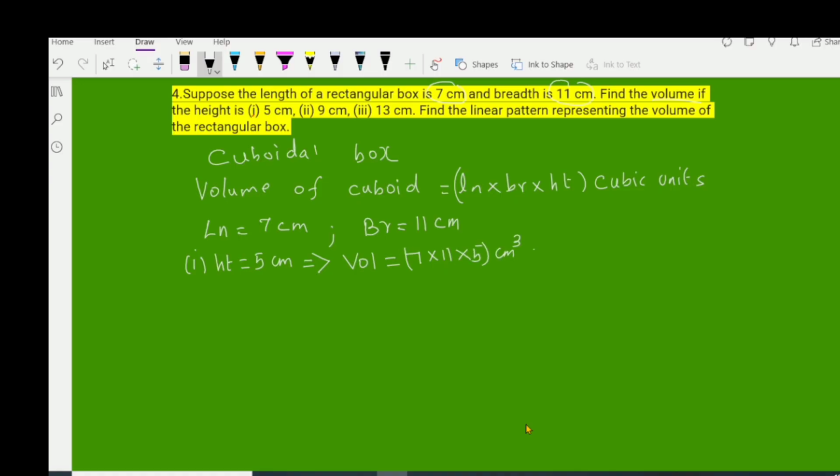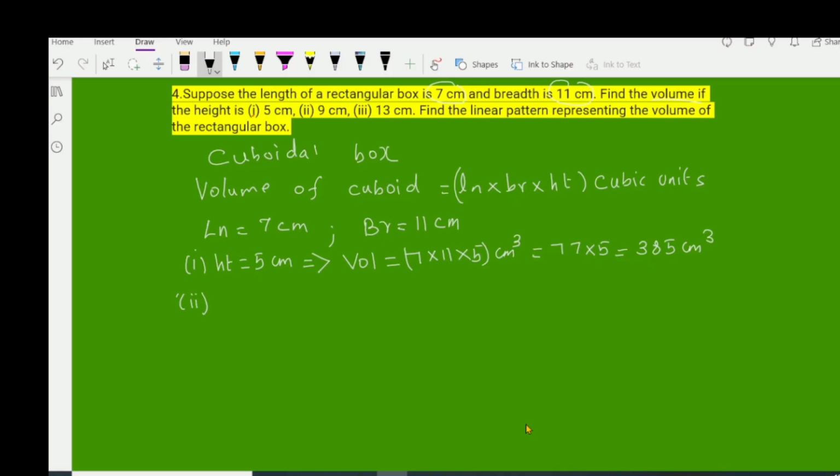Centimeter cube is nothing but 77 into 5. So 77 into 5, how much? 7 5s are 35, 35 plus 3, 385 centimeter cube. Like this you need to find all the things.